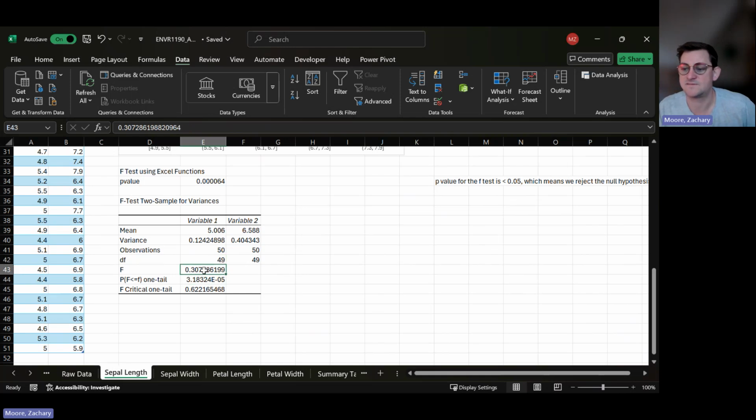It calculates this F statistic, which is based on the ratio of the variances to one another, which you don't really need to know for the purposes of this, as much as this value here, the probability that F is less than F. And so this is our p-value here.